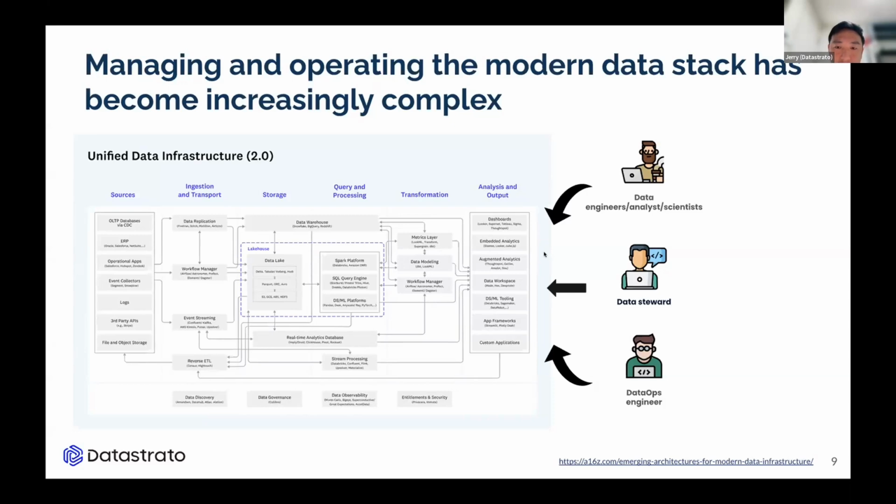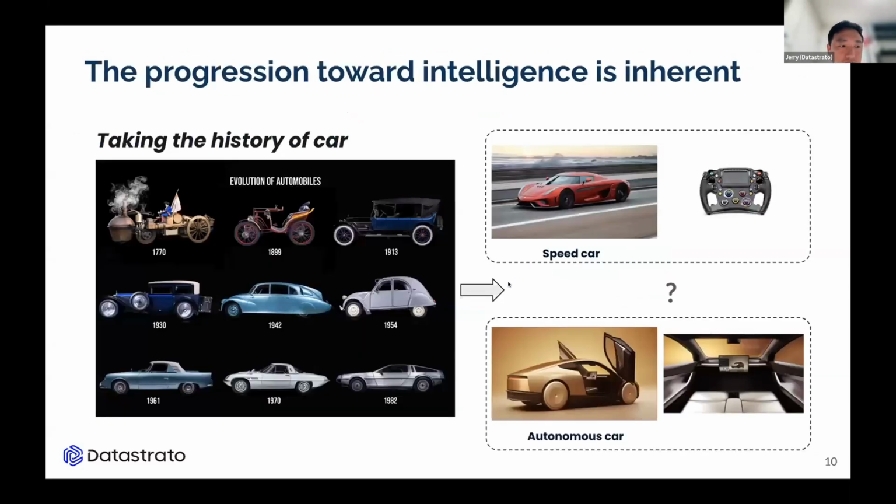So let's take the automobile industry as another example. As you can see, through centuries of development of the automobile industry, nowadays consumer cars have become quite mature, and most companies can easily build a car within a quite mature industry.